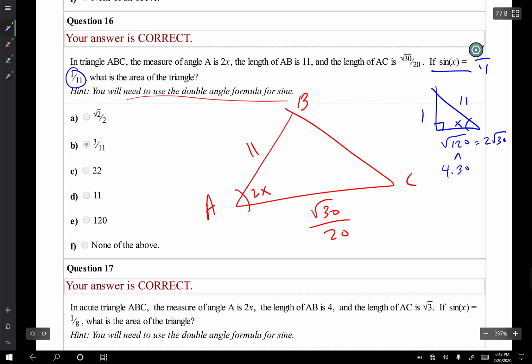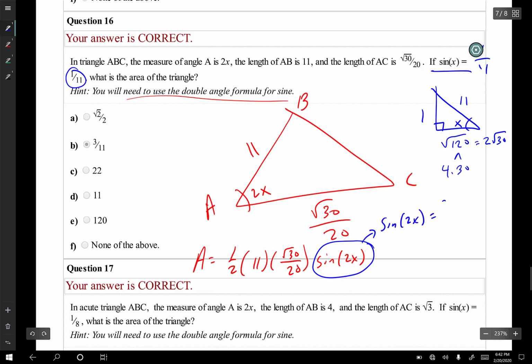So area. Area is 1/2 times 11 times square root of 30 over 20 times sine 2x. But sine 2x is 2 sine x cosine x. And we have this, guys, here in our blue little triangle there, sorry.